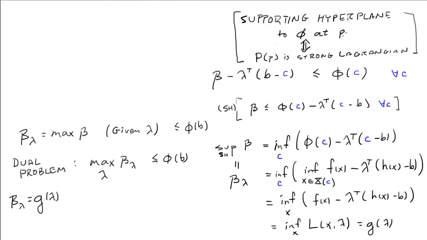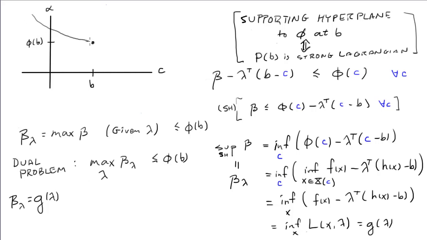To align notation from before, let's replace P with B. And we'll redraw what this looks like locally. There's the graph of phi.